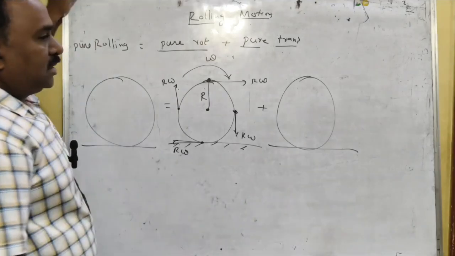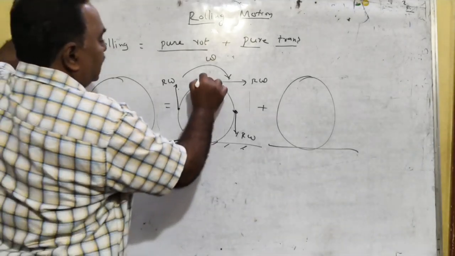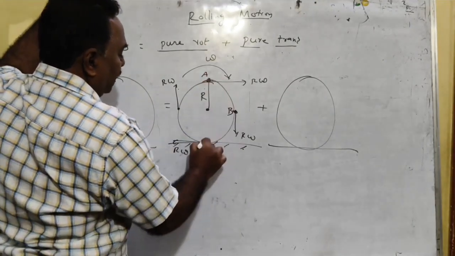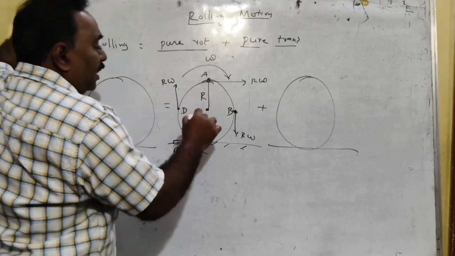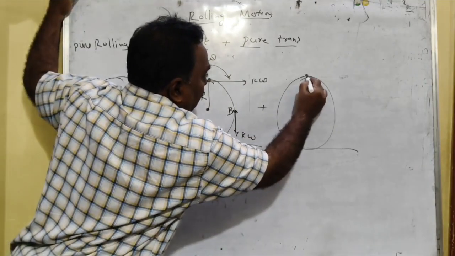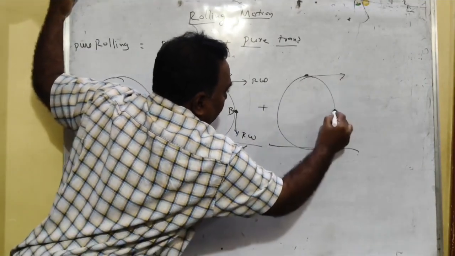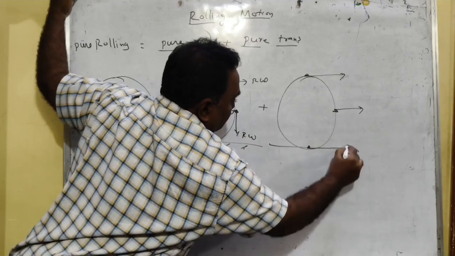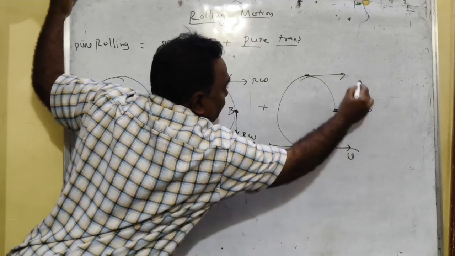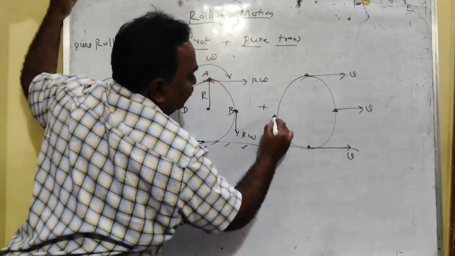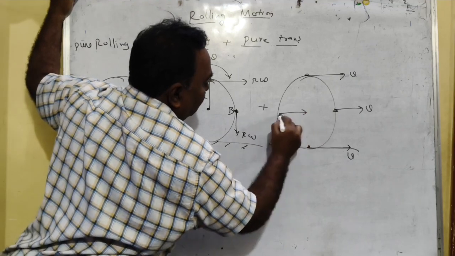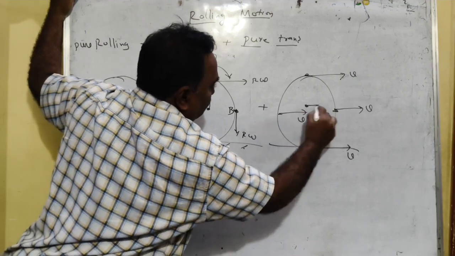In case of pure translatory motion, again considering the same particles A, B, C, D, every particle on this body will have the same translatory velocity. Means any particle you consider, or the center also.